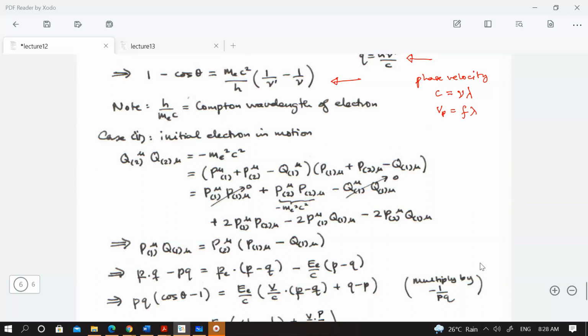For example, over here, q2 mu squared, which is given by the rest mass of the electron squared times c squared with a minus sign. And then you use an expression for q2 mu from what you call conservation of four-momenta.